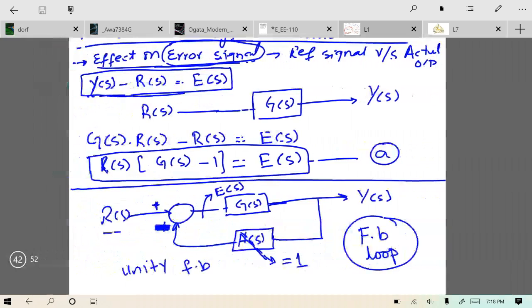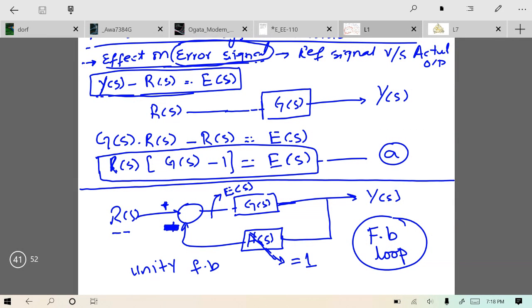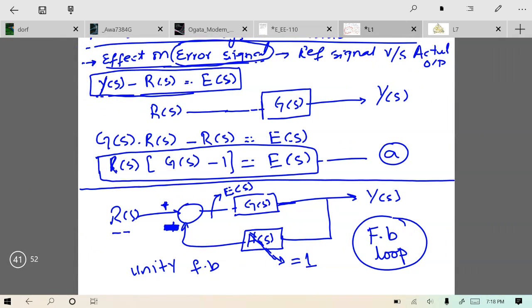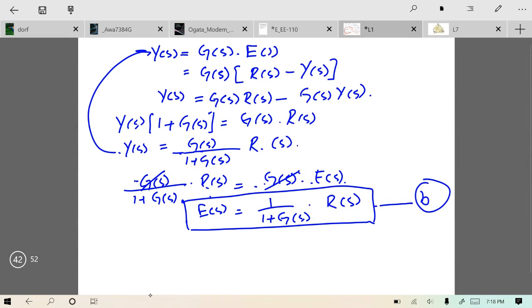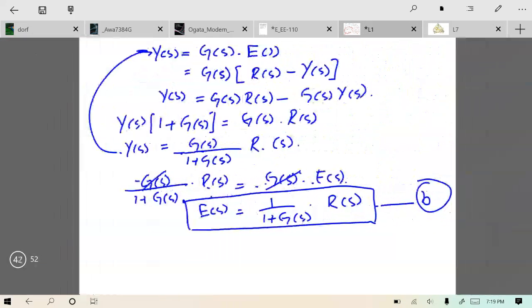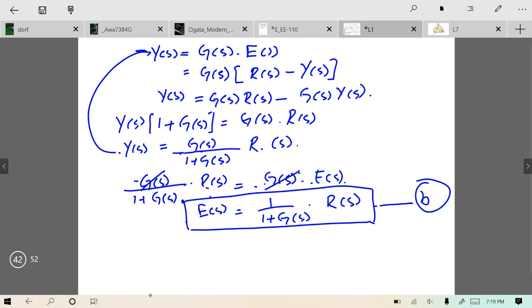Now compare it with the error signal when there was no feedback loop, for the open loop system. Error signal was R of S into G of S minus 1. Here error signal is R of S into 1 over 1 plus G of S. So if I am calling the first A, I will call this B. Obviously, this error signal in equation B is visibly less than the error of the open loop system, because we have a term 1 plus G of S in the denominator, which makes it small.